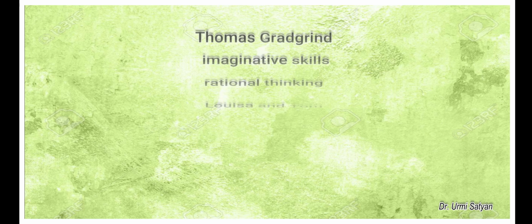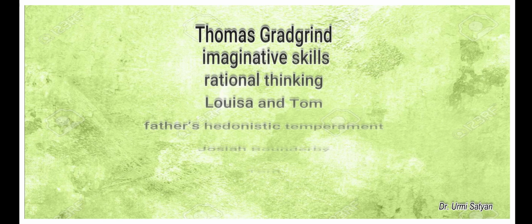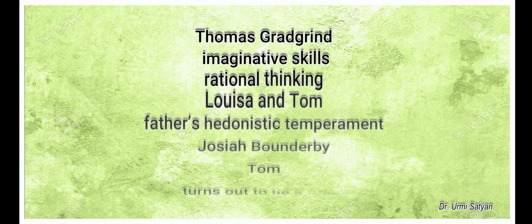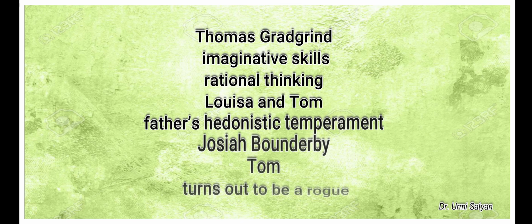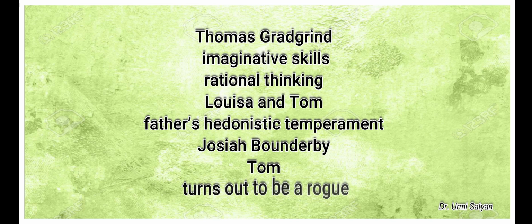With this maddening passion for facts, Thomas Gradgrind establishes a school where he forces students to wean off their imaginative skills and equip themselves with rational thinking. Gradgrind has a sickly wife and 2 children named Louisa and Tom.